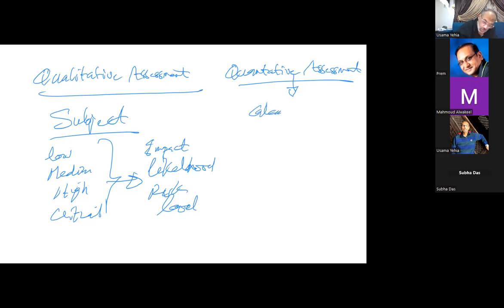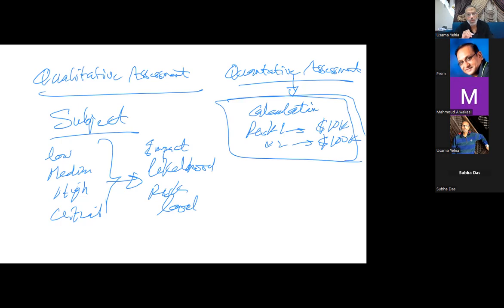For example, I will say risk 1 will cost 10K, risk 2 will cost 100K, and so on. By numbers. Of course, this is very accurate, but it is very, very difficult. Why? Because usually we define the risk by impact and likelihood, and I don't know what the likelihood is.